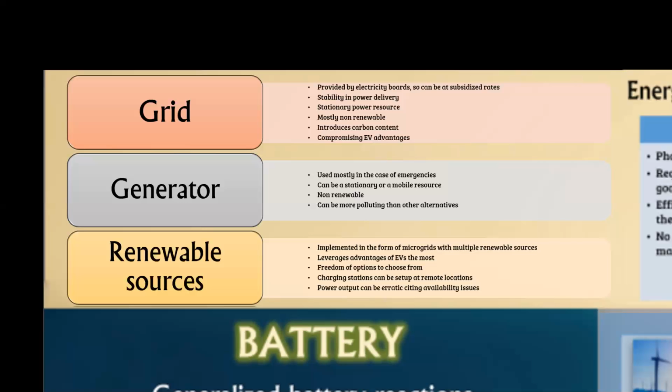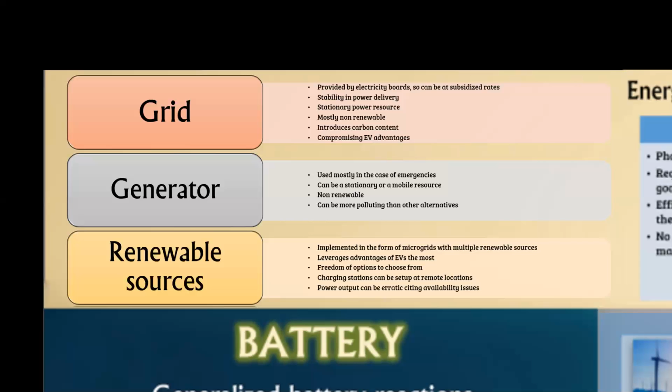The disadvantages are that most of the grids in our country still work on non-renewable sources like coal and natural gas. This obviously has a negative impact even though we are using an EV, and since EVs are touted to be green vehicles, using the grid compromises those advantages.